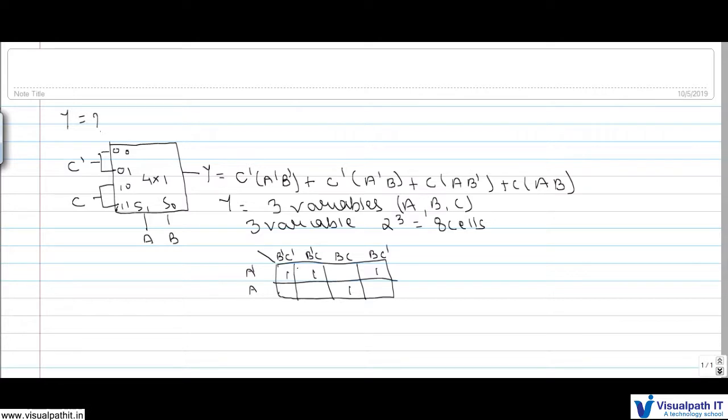So this will give us this function and this function. So it will be reduced like this.